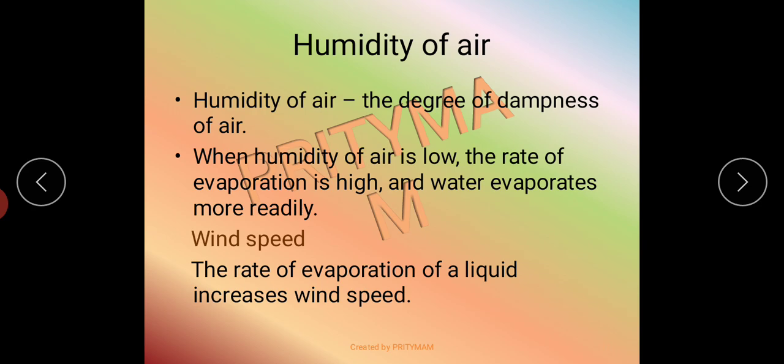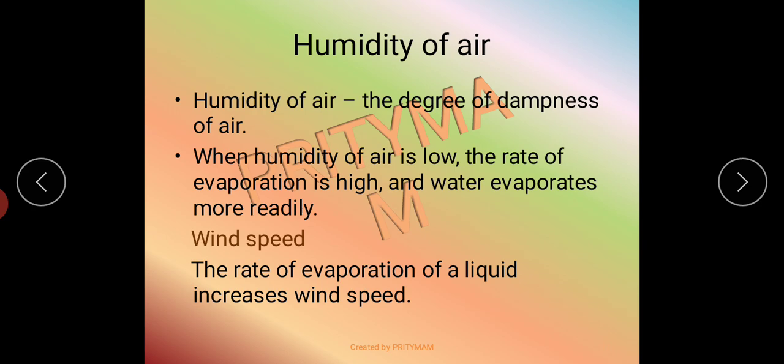Now let us discuss the fourth and last factor that affects evaporation, and that is the wind speed. The rate of evaporation of a liquid increases with increasing wind speed.